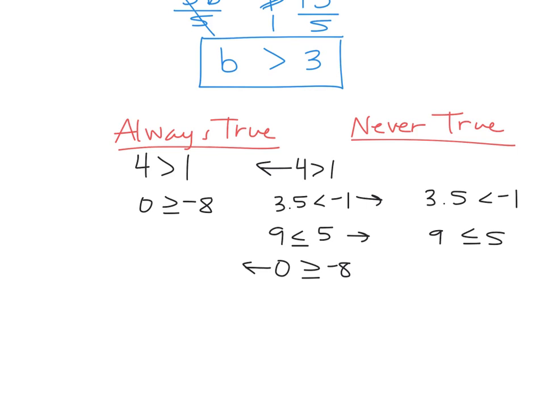What's missing from these answers that we normally have? A variable, right? There's no variable. So when there's no variable, your answers will either always be true or never be true. And what you do with that is this. If you have something that is always true, your answer to that is going to be all real numbers.